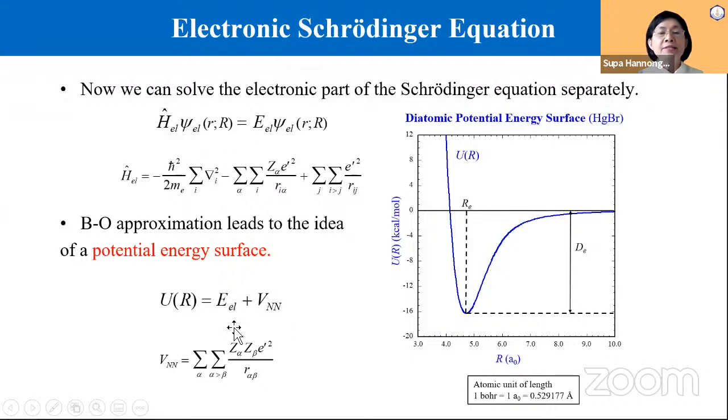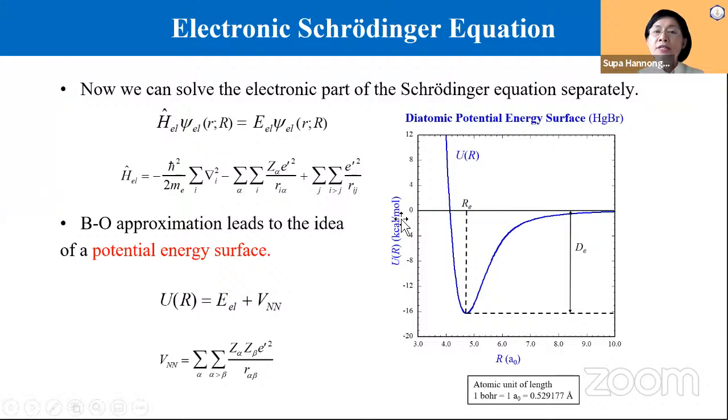The VNN stands for the charge interaction, or nuclear interaction, if you remember. So we have the double summation over alpha and beta of the charges, e squared, divided by the distance between the two nuclei. And this term is very important.